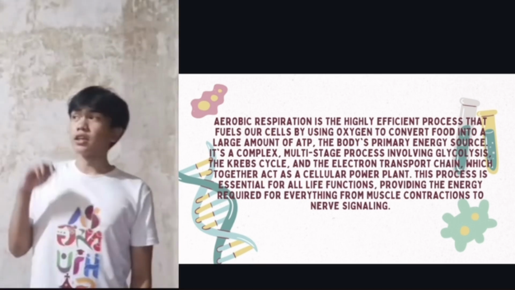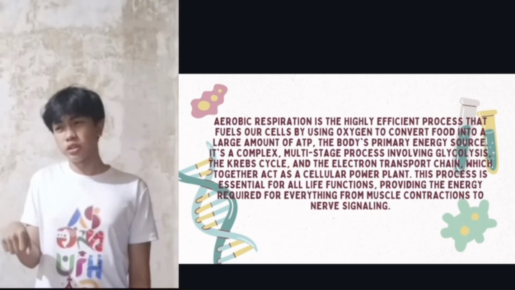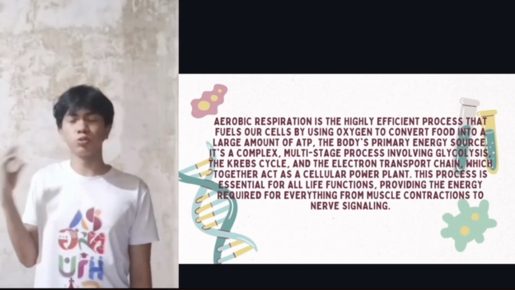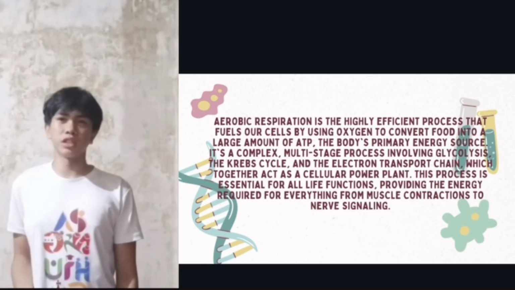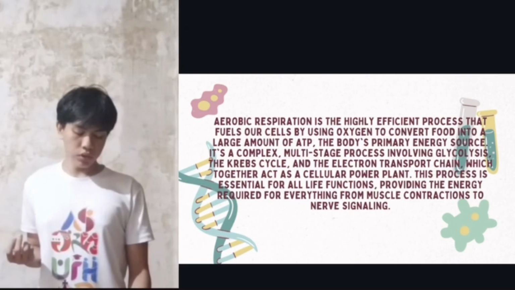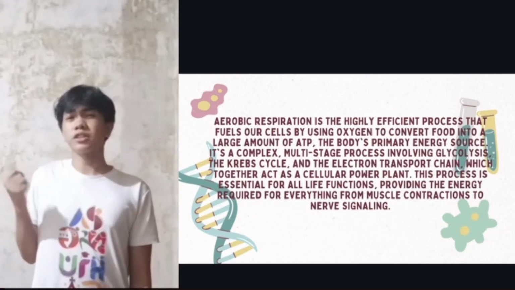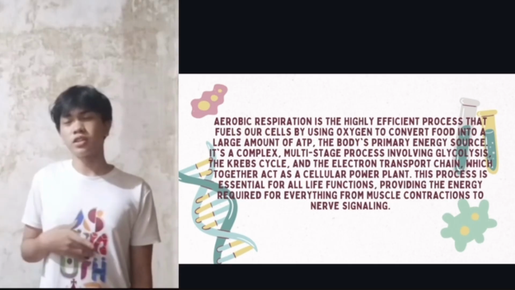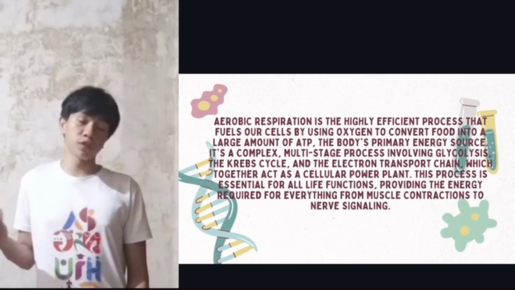Think of it like a paper shredder. When you put paper into a shredder, it breaks down the paper into small, tiny parts. That's what breaking down glucose means. It breaks down the glucose to get energy.